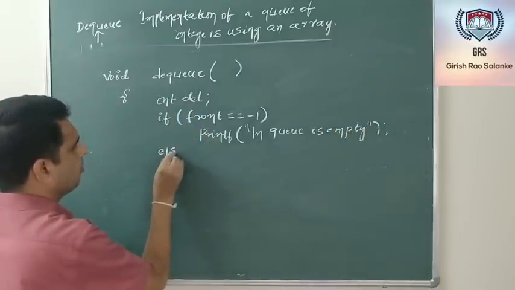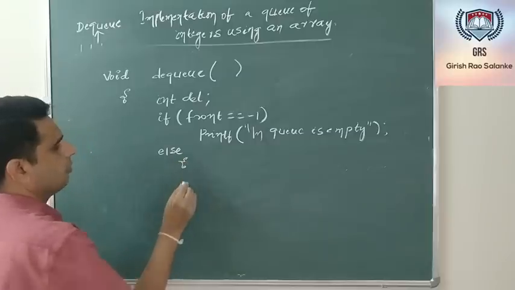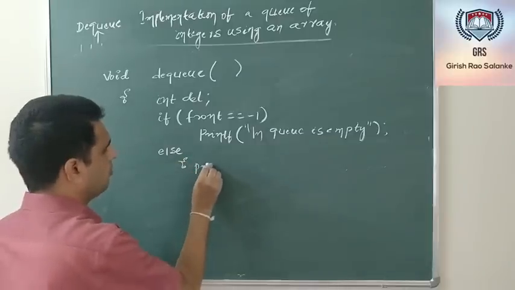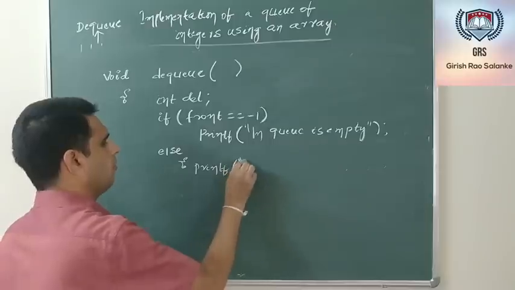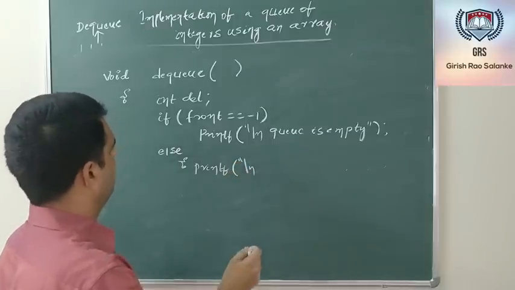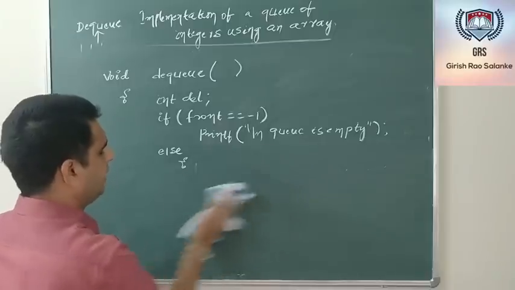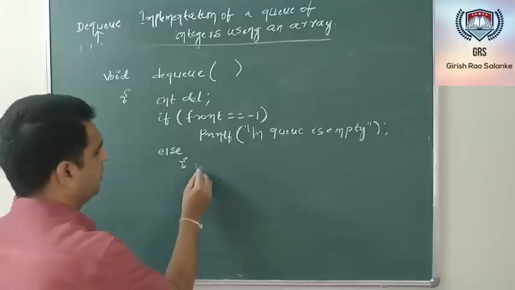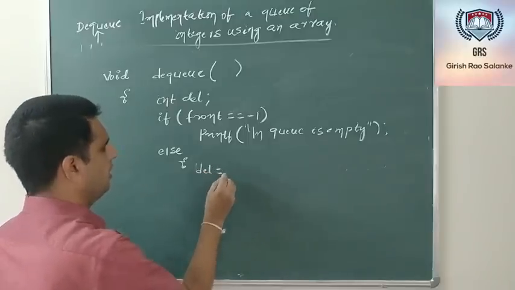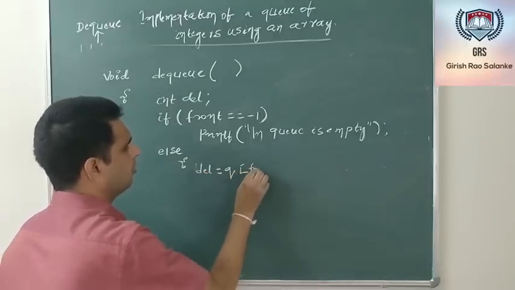Else, rather than directly printing, we'll store, okay, we'll have del is equal to Q of front.